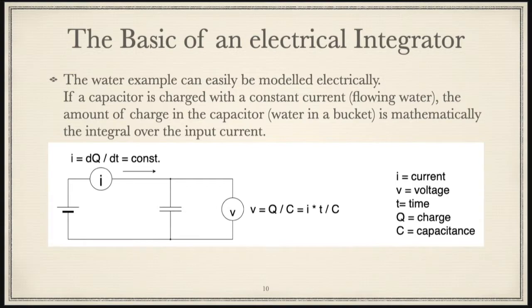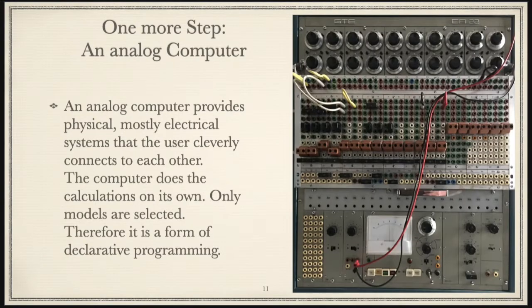And it's only one more step, and we have an analog computer. An analog computer provides physical, mostly electrical systems that the user cleverly connects to each other. The computer does the calculation on its own, only models are selected. Therefore, it is a form of declarative programming.